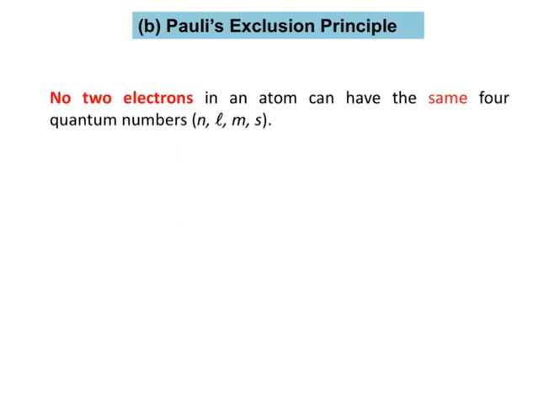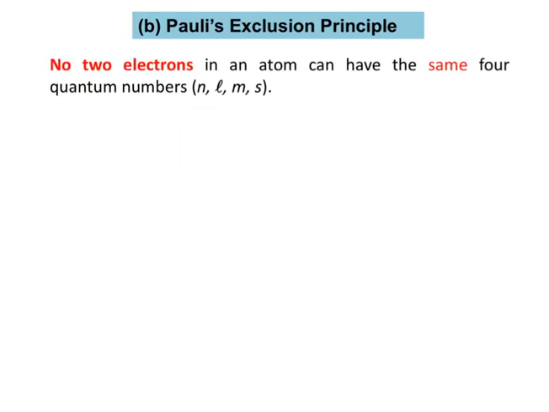The second rule used to assign electrons into orbitals is the Pauli Exclusion principle. The Pauli Exclusion principle states that no 2 electrons in an atom can have the same 4 quantum numbers n, l, m, s.